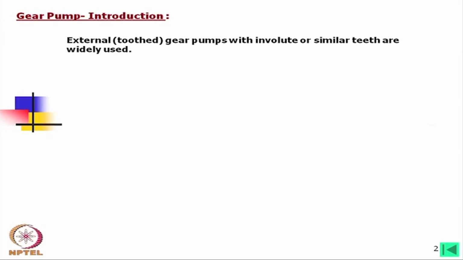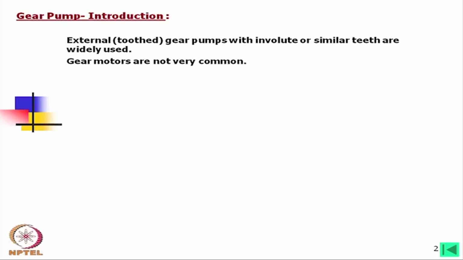Now, external tooth gear pumps with involute or similar teeth are widely used in fluid power application. Gear motors are not very common, although there are some models of gear motors with involute teeth.